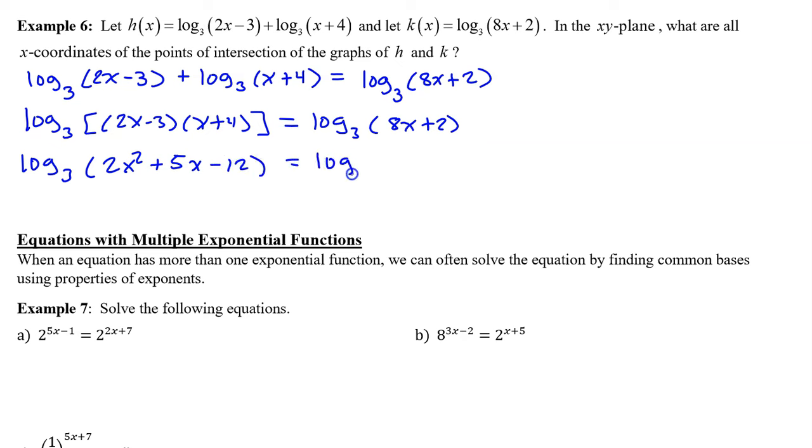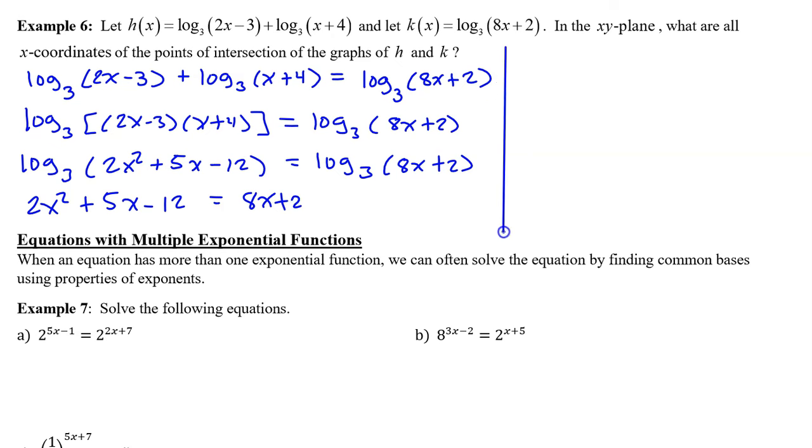And this will equal the log base 3 of 8x plus 2. Now that we have a log equal to a log, the argument must equal the other argument. So 2x squared plus 5x minus 12 must equal 8x plus 2.